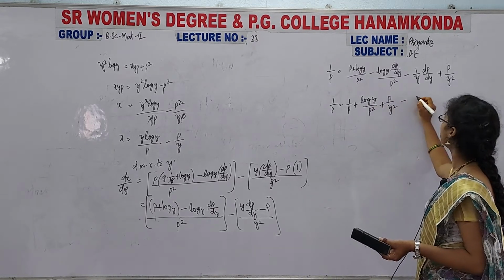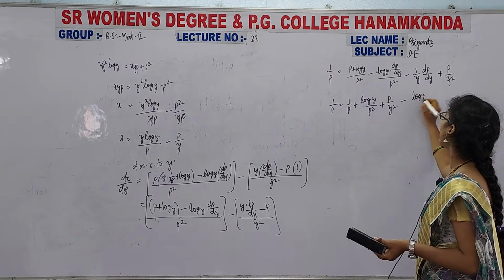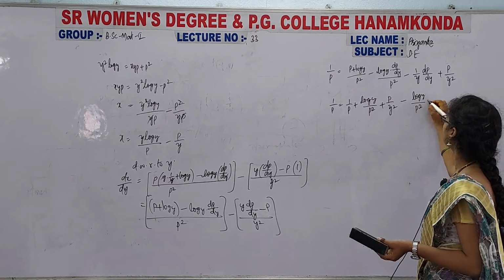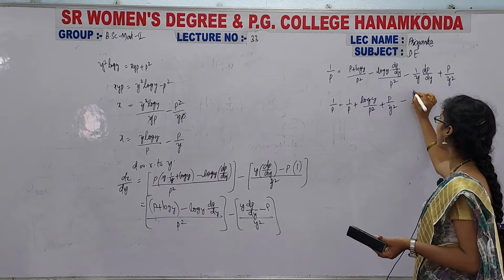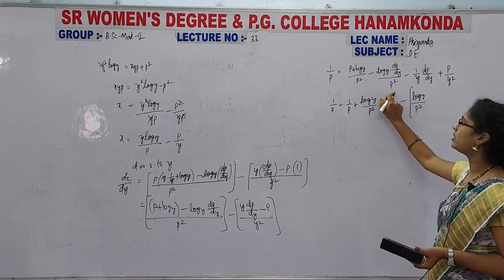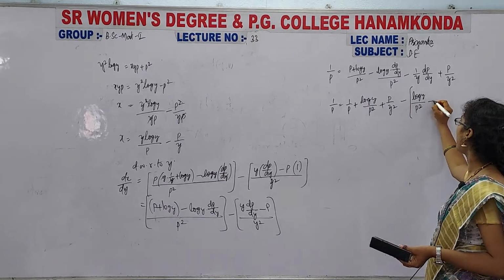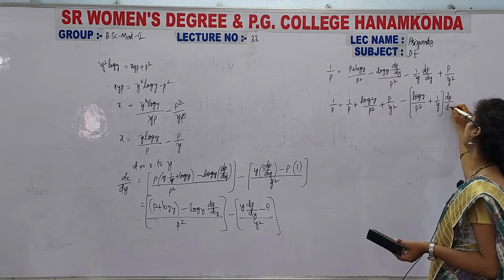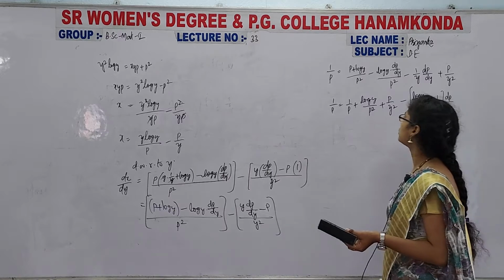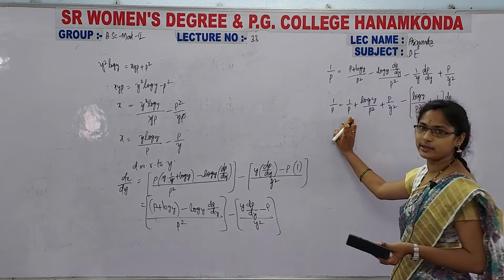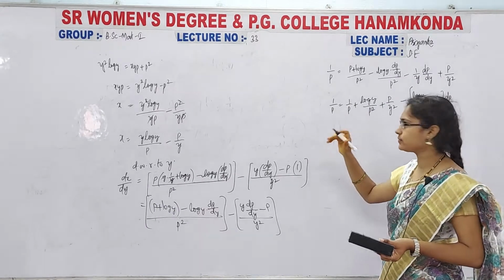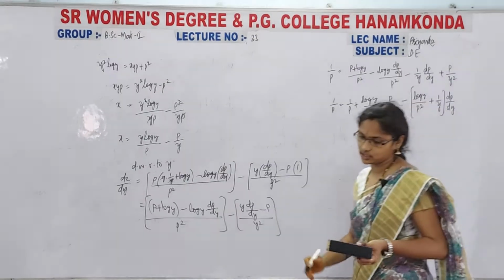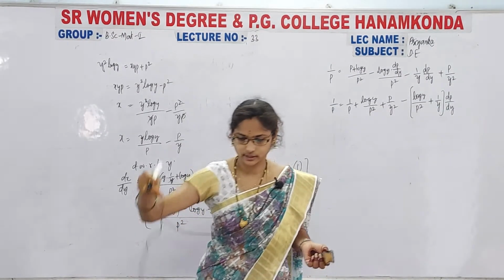The next minus log y by p square minus, so now here I am taking that minus common, then log y by p square minus, again here I have plus 1 by p of dp by dy. So now here if I take this 1 by p to this side, then both values will be cancelled.